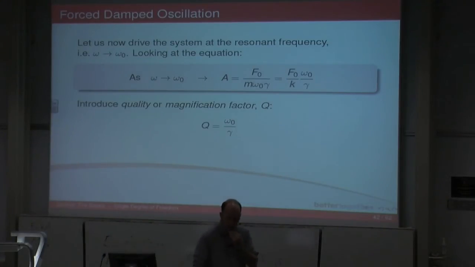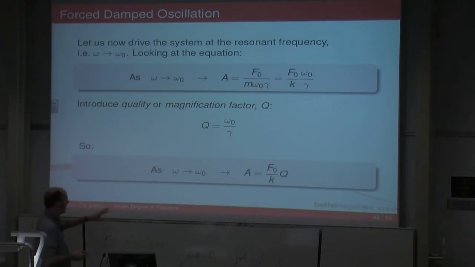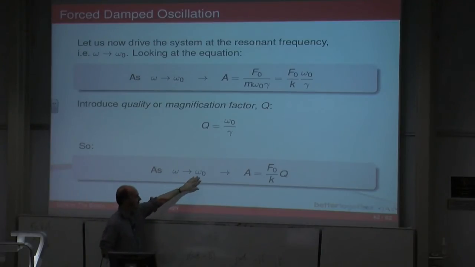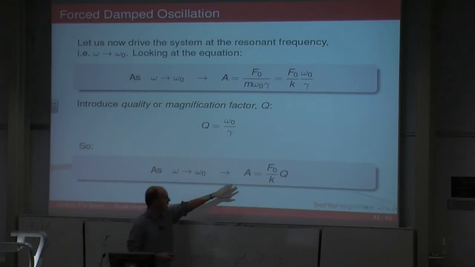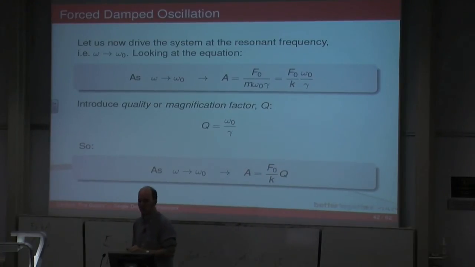And what we do is we introduce this quality factor or magnification factor, depending on who you listen to. It's called both of those terms. And that Q happens to equal omega naught divided by gamma. And so we now know that if omega approaches omega naught, the resonant frequency, our amplitude is going to be the static displacement multiplied by that quality factor.